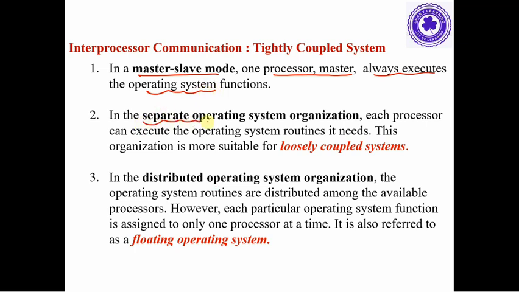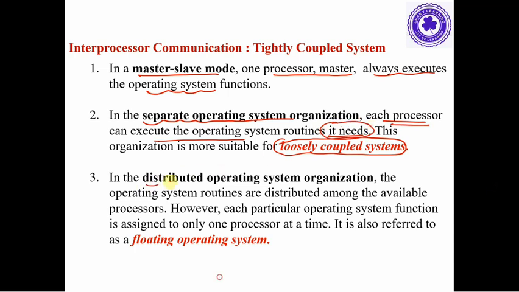In the separate operating system organization, each processor can execute the operating system routines whatever it needs. This organization is more suitable for loosely coupled systems because each processor executes the operating system routines which it needs.